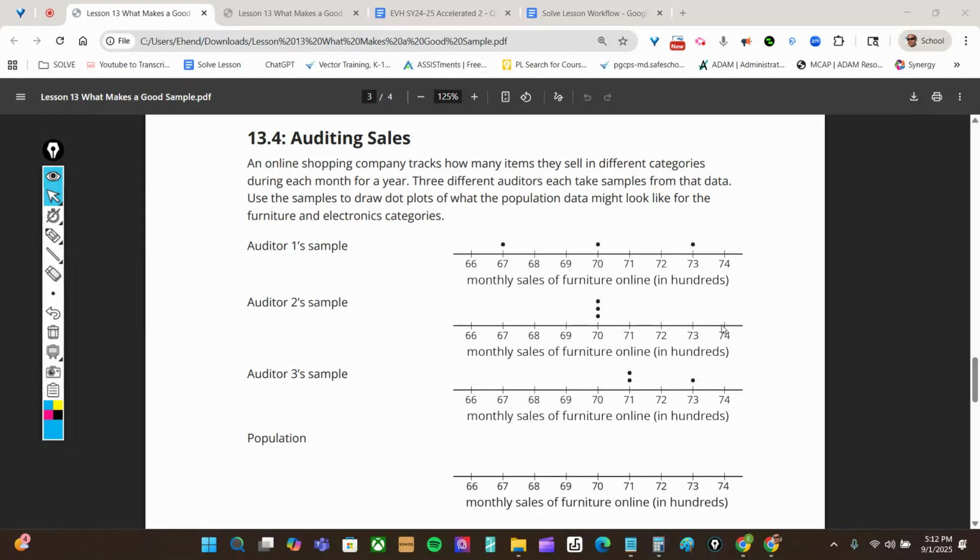An online shopping company tracks how many items they sell in different categories during the month of the year. 3 different auditors take samples of the data, use the sample to draw plots on what the population might look like for the furniture and electronics. Okay, so you do fill out the population. That's easy. You know what to do, so take a moment to do that and keep it moving.